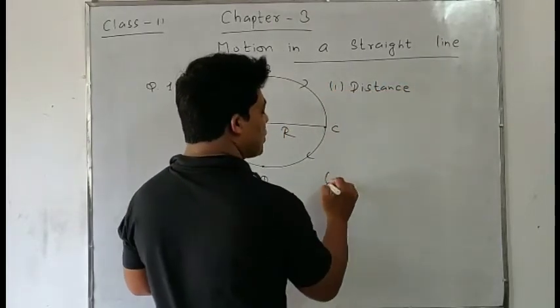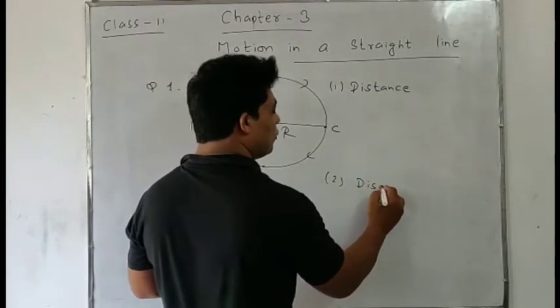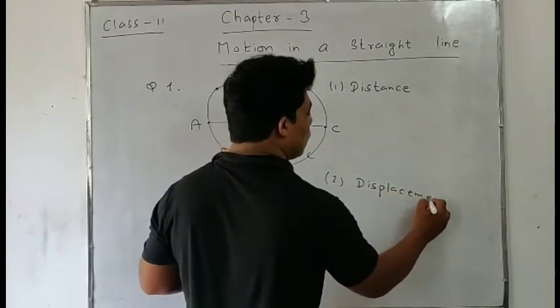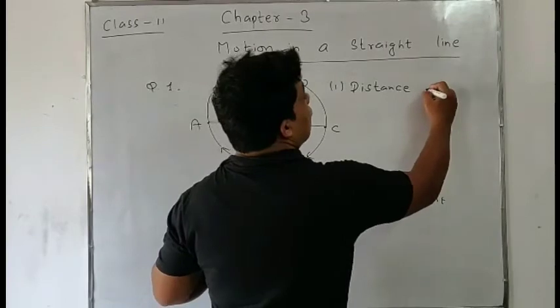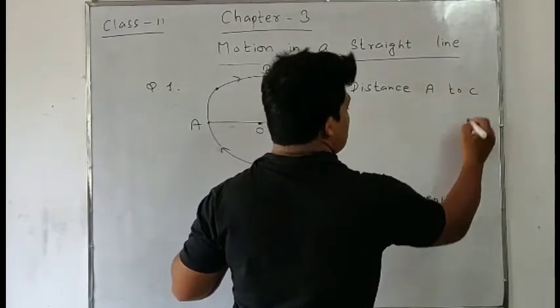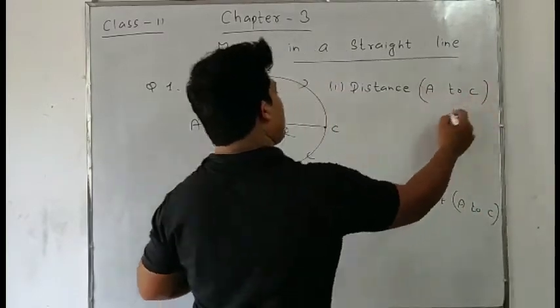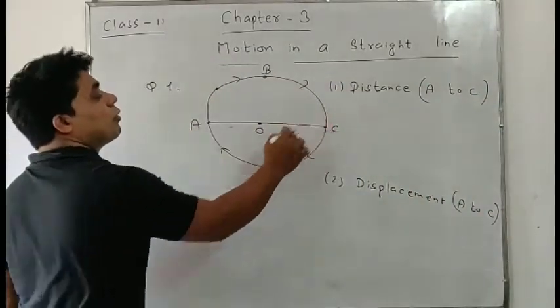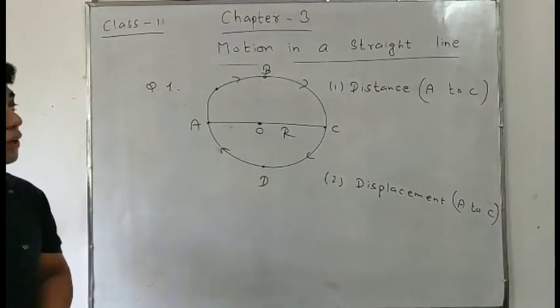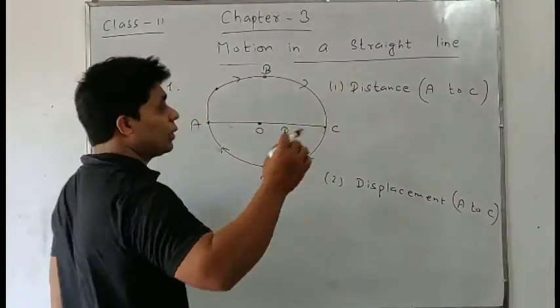First of all, we have to find the distance and the displacement from A to C. From A to C, what will be the distance and what will be the displacement? We know distance is the total path.